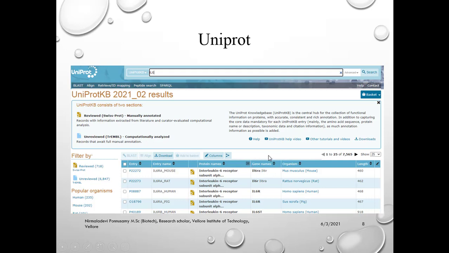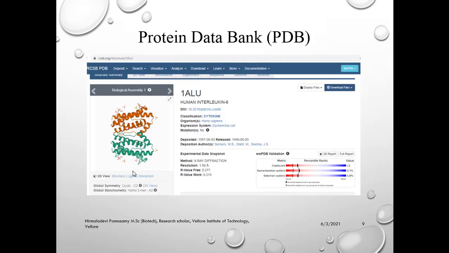Here the gene name and here the organism. If you provide the protein name, it shows which family and which organism you want, and the sequence length is also provided here. If you want more details about the protein, you can click this entry and go into that UniProt page.